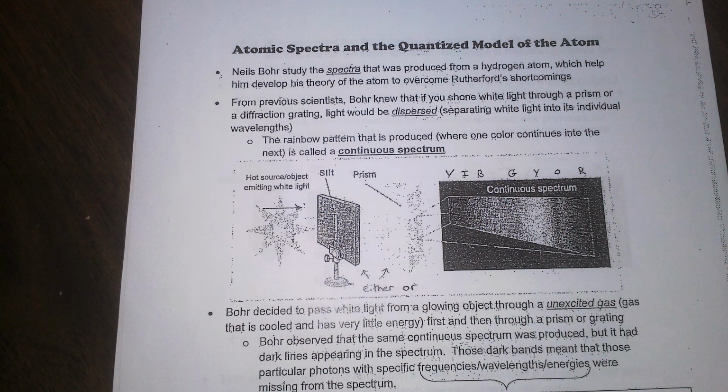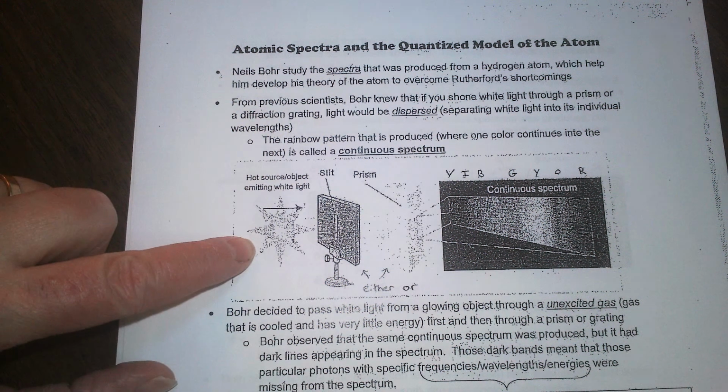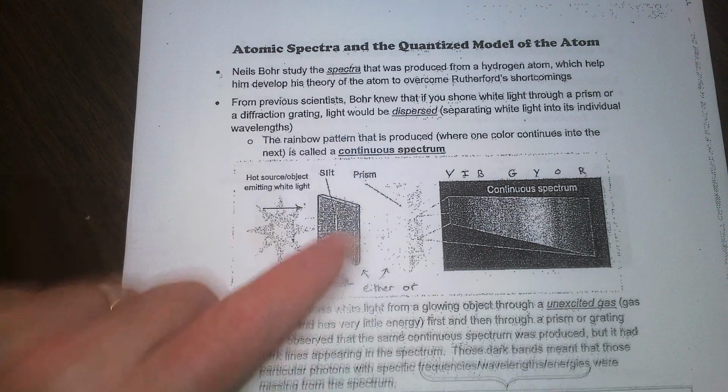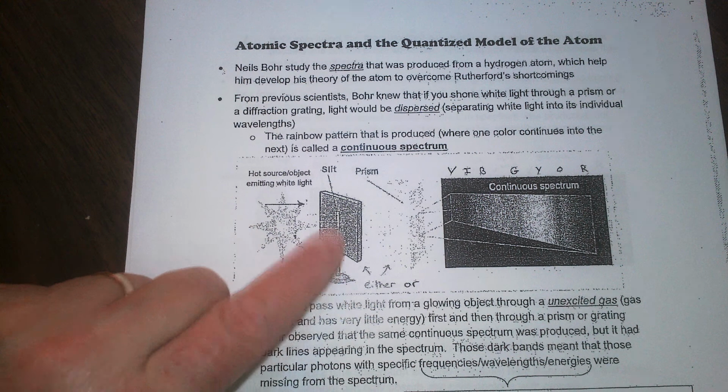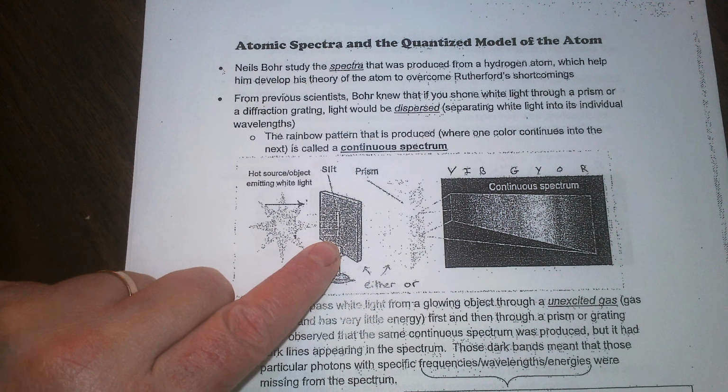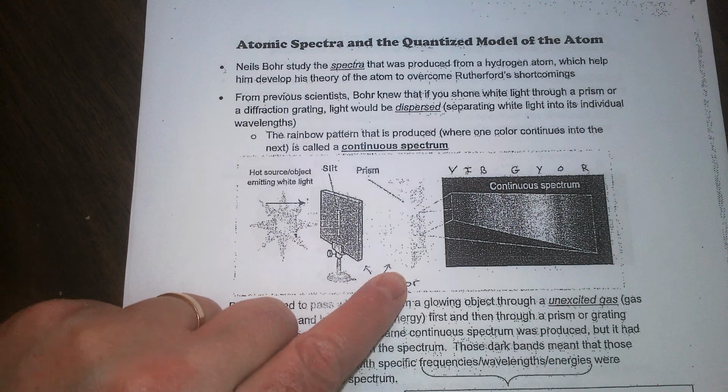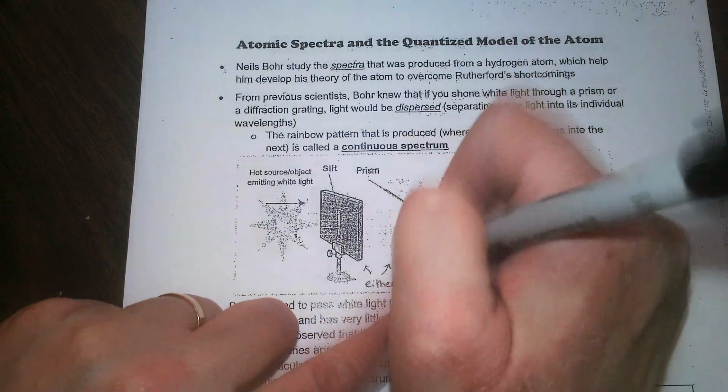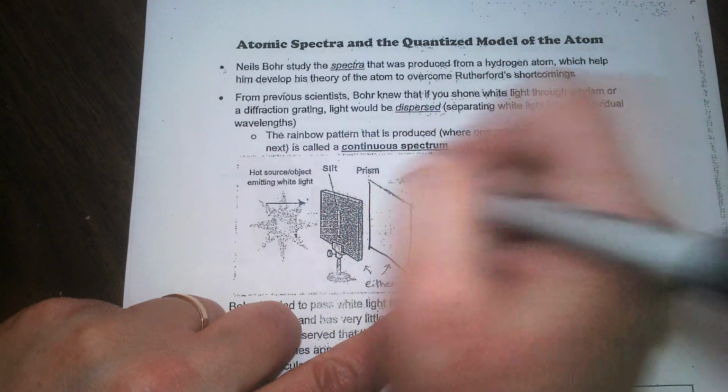So he knew that if you put white light through a prism, it would be dispersed. You'd go from white light in through a prism, and then you would get this really nice color of Roy G. Biv: red, orange, yellow, green, blue, indigo, violet. Same idea here. He has a hot source emitting white light, goes through a diffraction grating, so either a slit, like the double slit experiment, or a prism.